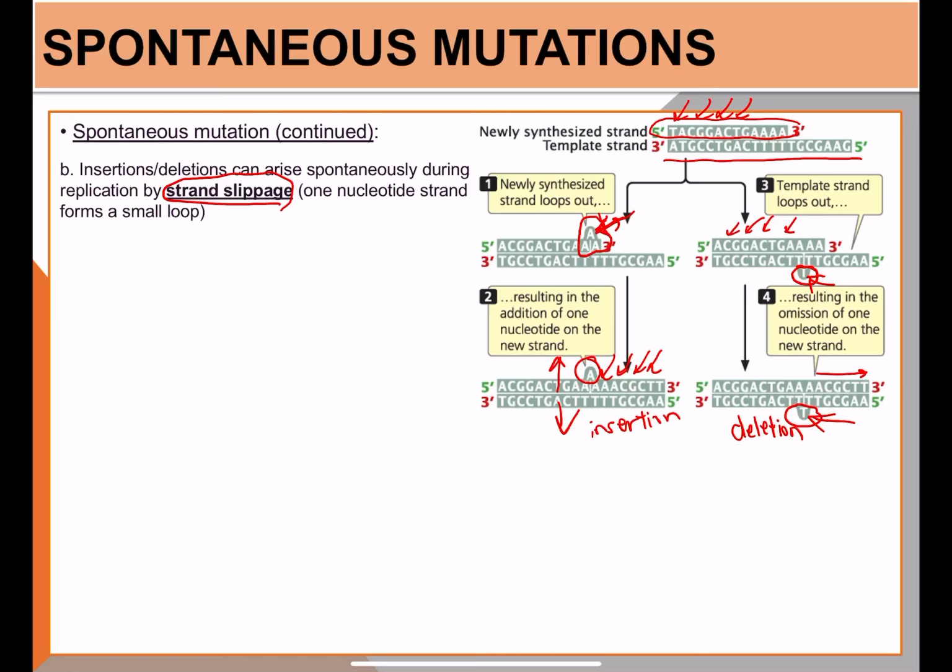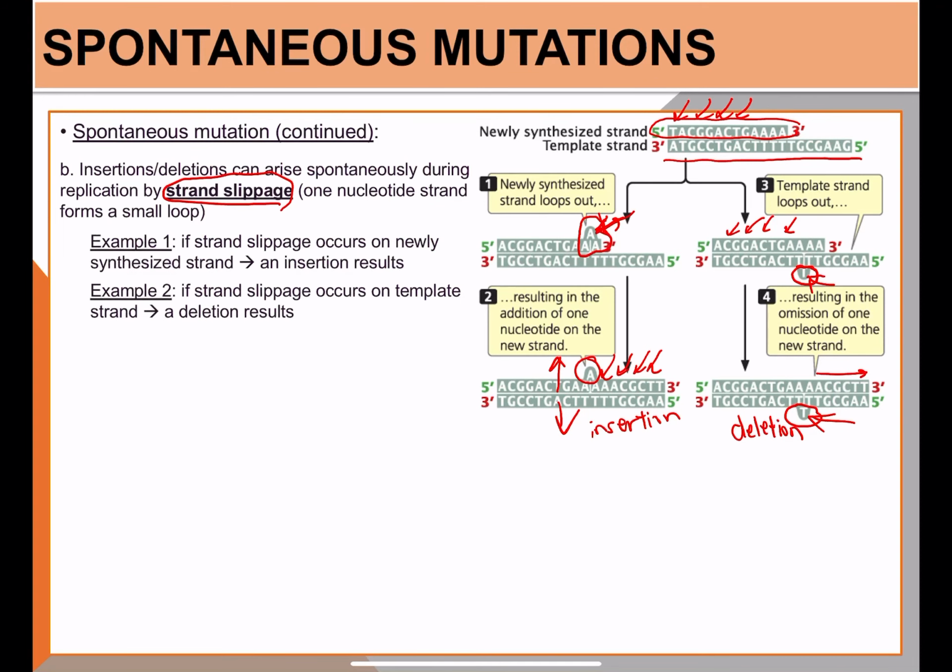If the looped out sequence was 3 nucleotides, you're going to delete 3 nucleotides. If it was 6 nucleotides, you're going to delete 6 nucleotides. All right, so this is what I was trying to explain in these two cases. This will be example 1, and this will be example 2.